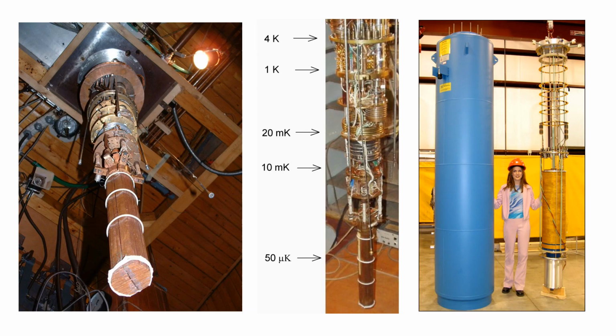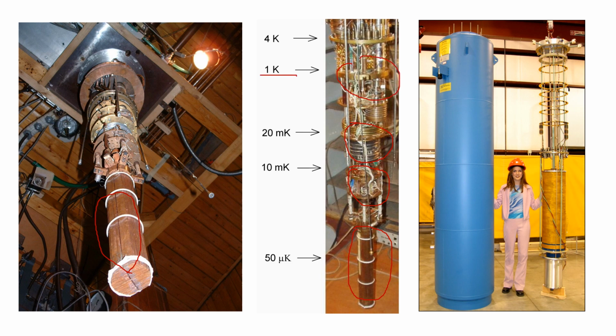This slide shows the nuclear demagnetization system. There's copper, and there's a second stage, and this is the first stage, and this is the dilution refrigerator, and the helium-4 part.